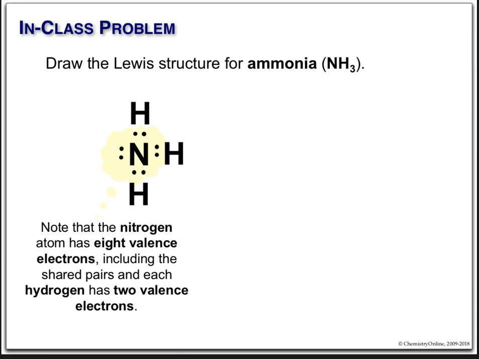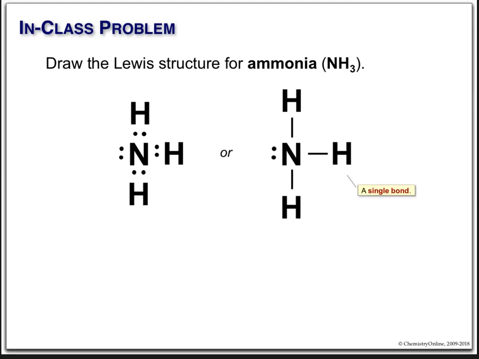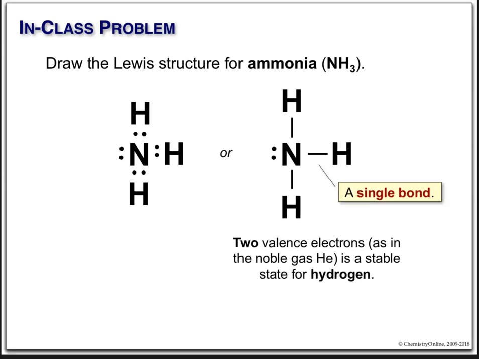It has an octet. How many electrons around the hydrogens? 2. This has 2. This has 2. This is ammonia. Now, if we drew it out with our line bonds, we would do this. And again, we refer to these as single bonds.